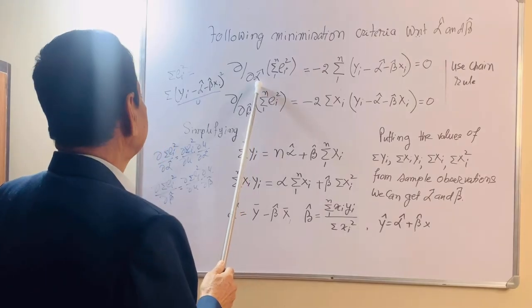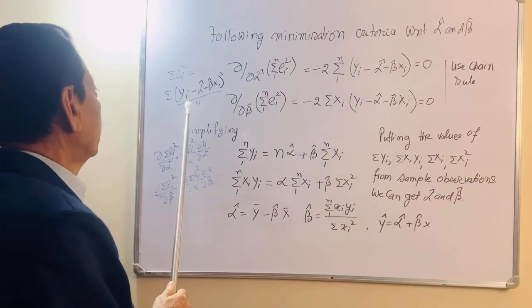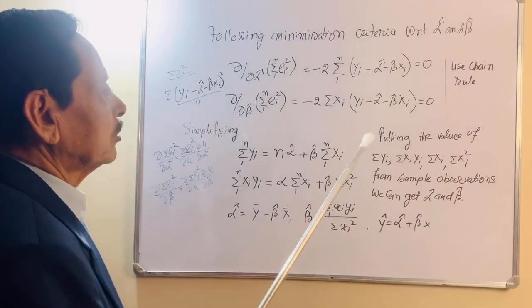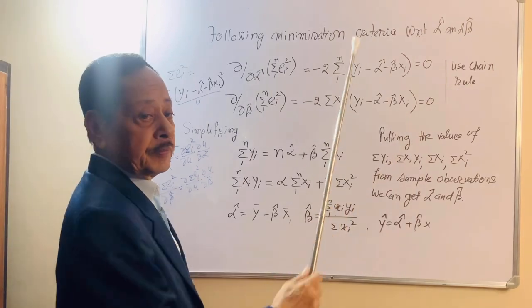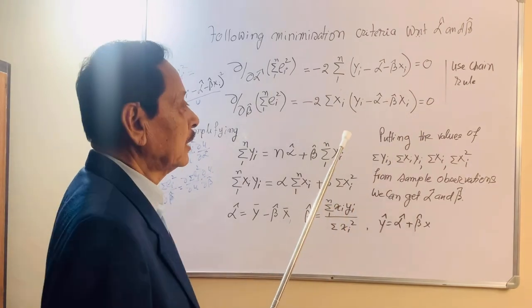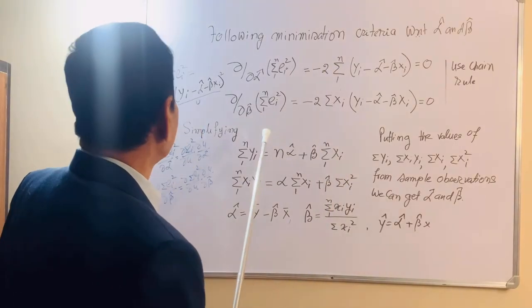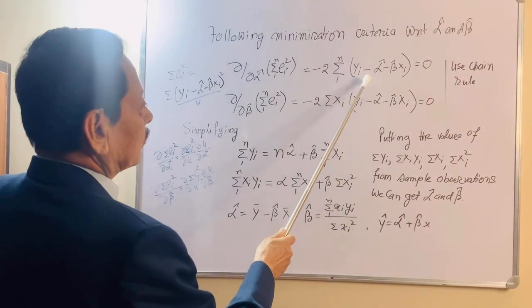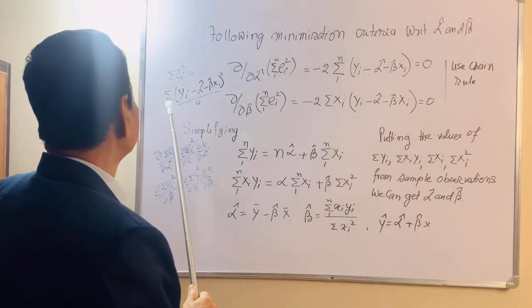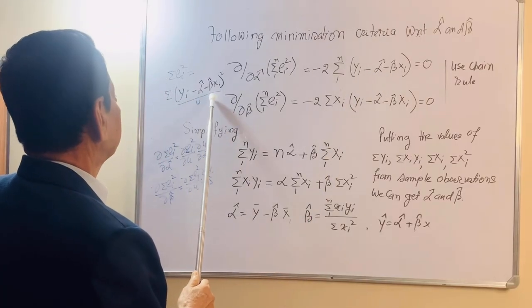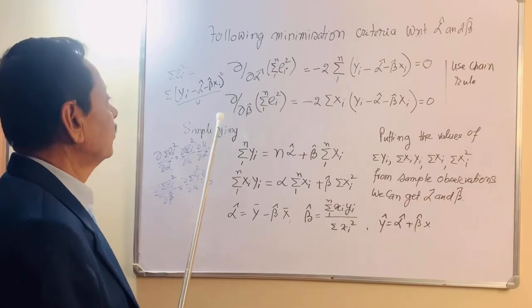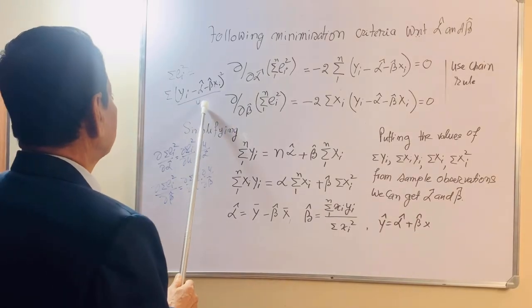So the partial derivative with respect to this. Now here we'll have to use the chain rule. We discussed the chain rule in the derivation. What the chain rule is: if we consider yi minus alpha hat minus beta hat xi equal to u, then this will be u square.